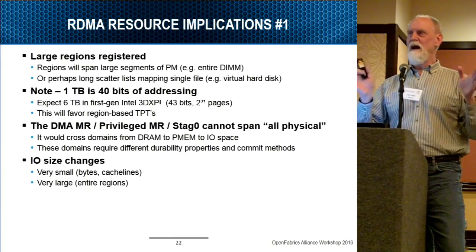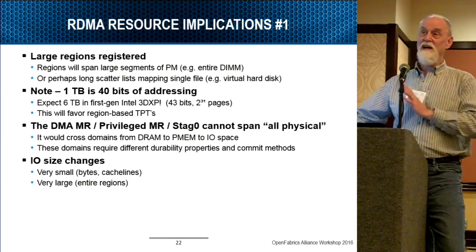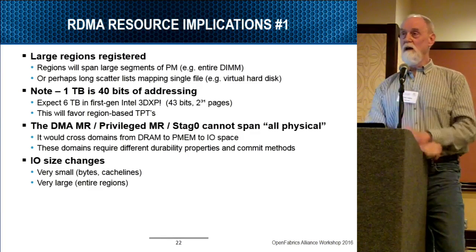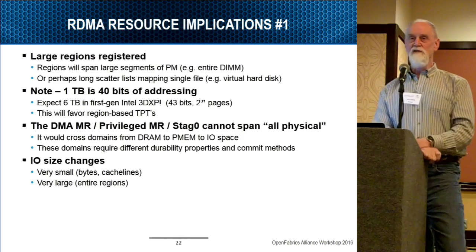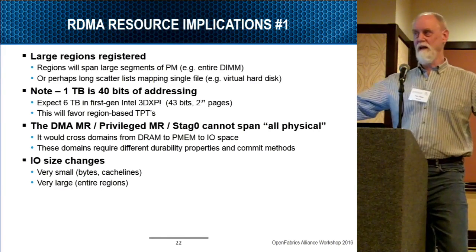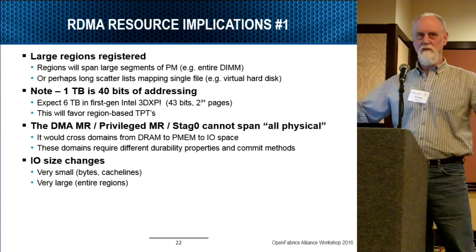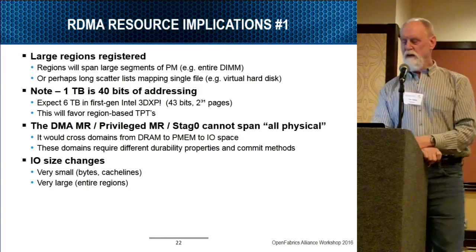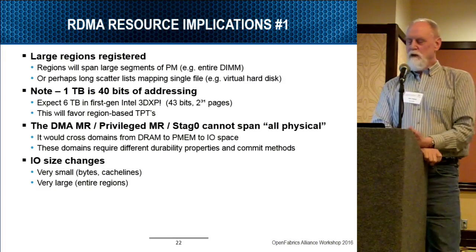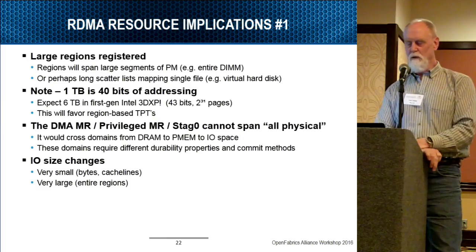Now you're going to have persistent memory, you're going to have ordinary memory, you might have PCI space, a memory BAR on the PCI bus is going to map to this. So it would cross domains, and S-tag 0 really doesn't mean anything anymore. You can't commit to random things. You have to know exactly what you're committing to. The NIC needs to know. So because they require different durability properties and commit methods, I think S-tag 0 becomes less meaningful.